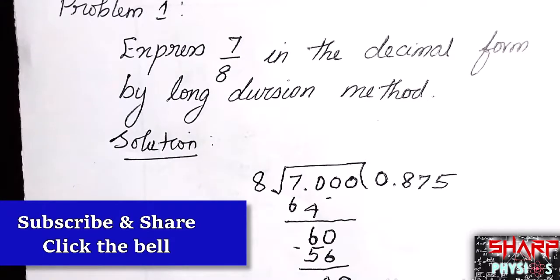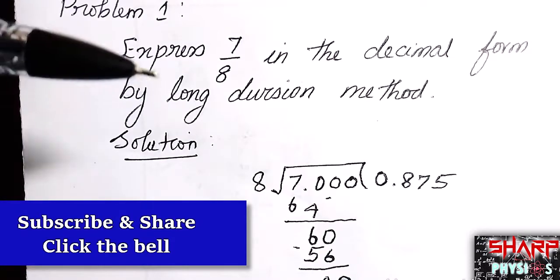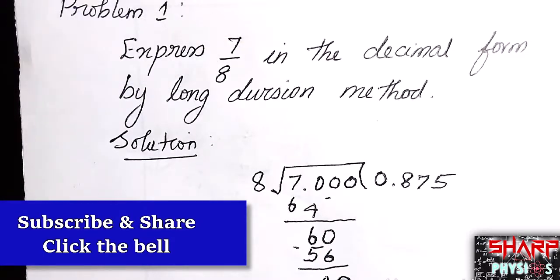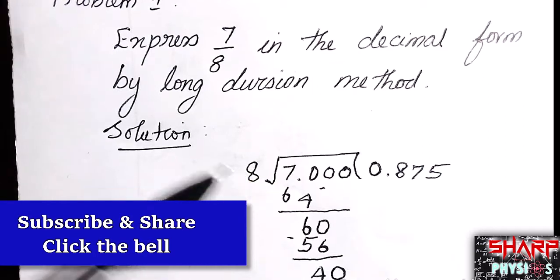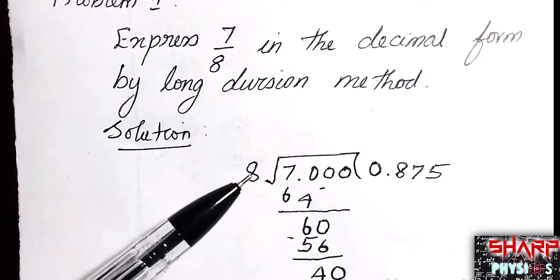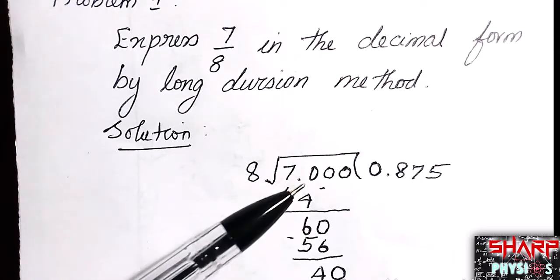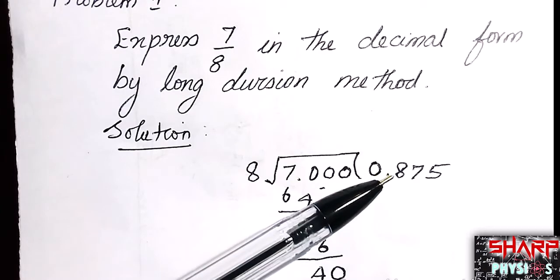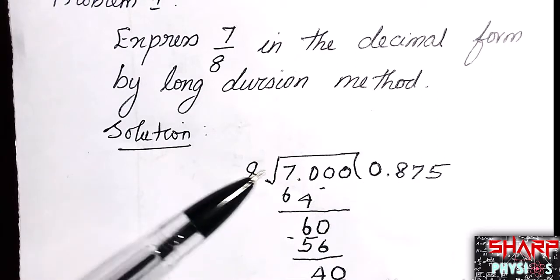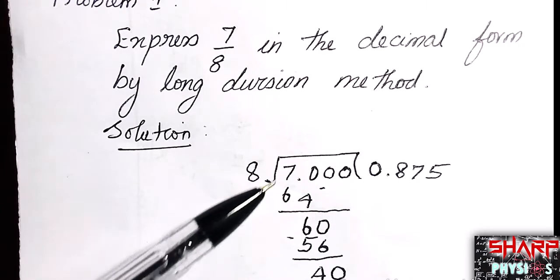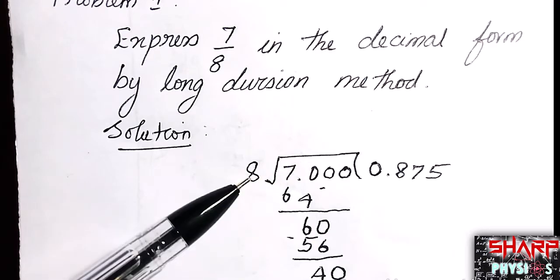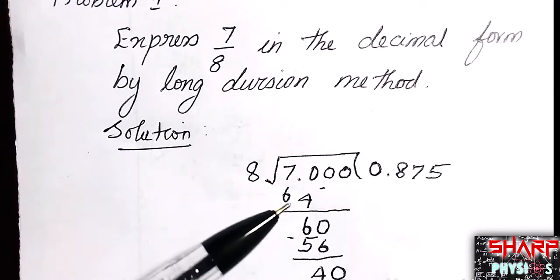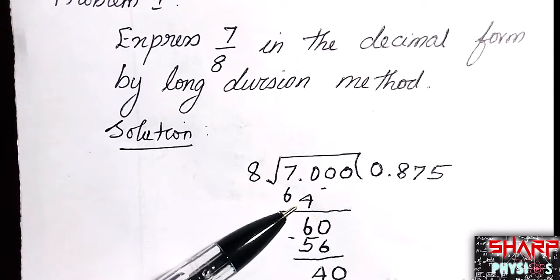So once again I'll go through the problem. Express 7 by 8 in the decimal form by long division method. So divide 7 by 8. 7 is less than 8, so you keep a decimal here as well as here. Then add a 0, so it becomes 70. 8 8s are 64.